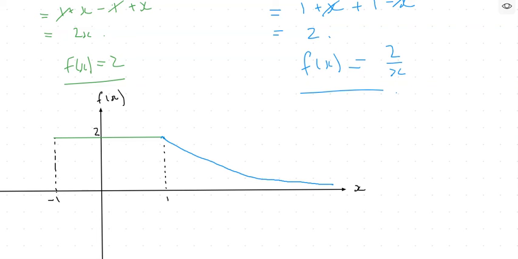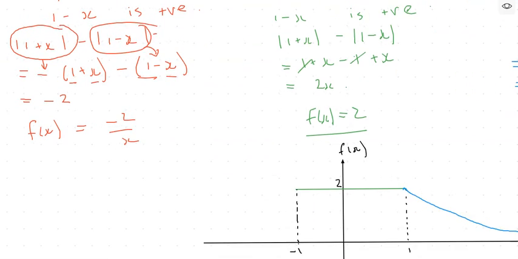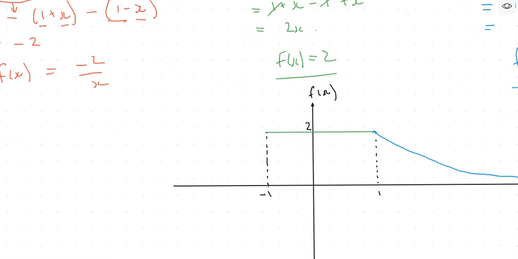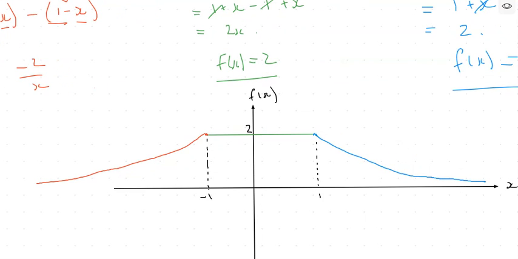So asymptotic at 0. And then, because this is minus 2, is it going to be the same? When x is minus 1, this is 2. And it must be asymptotic. That doesn't match. There we go. Like this. So let me zoom out.